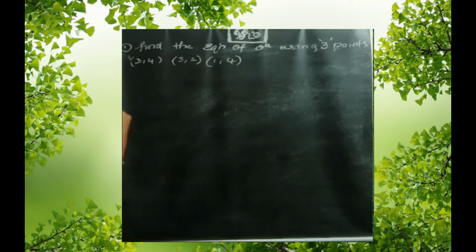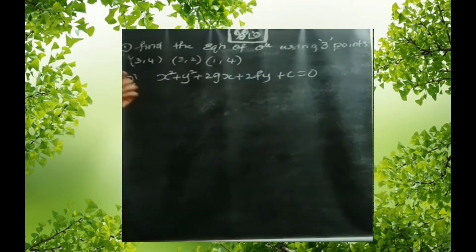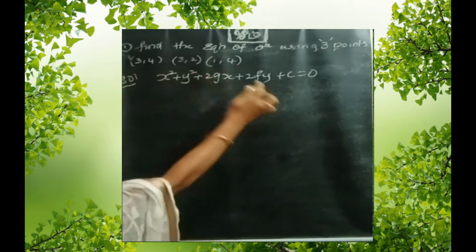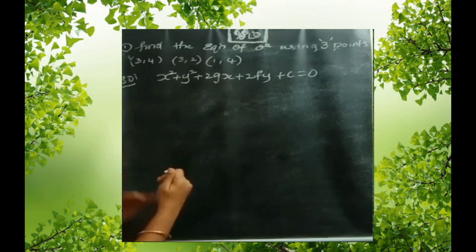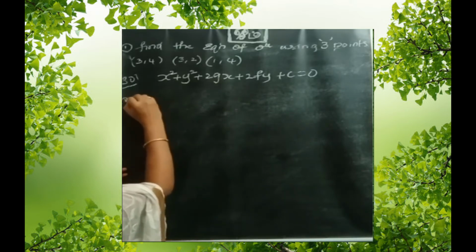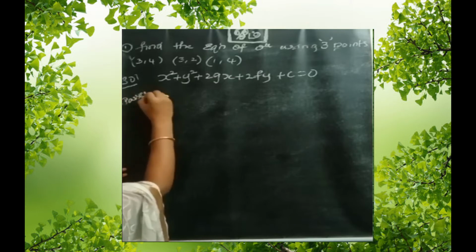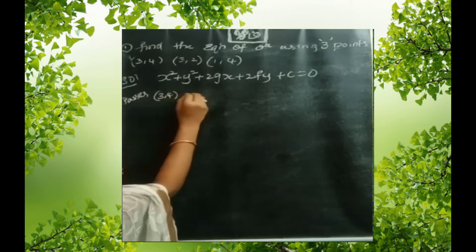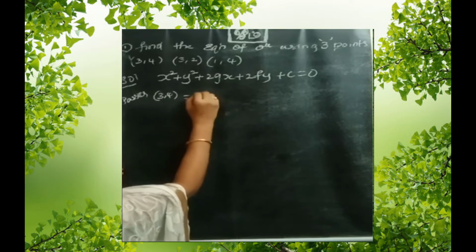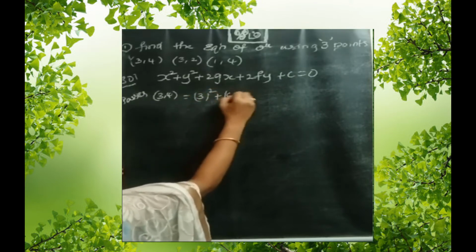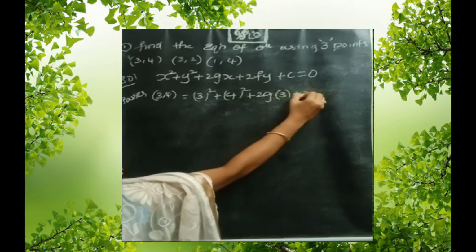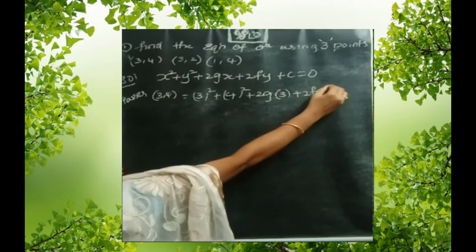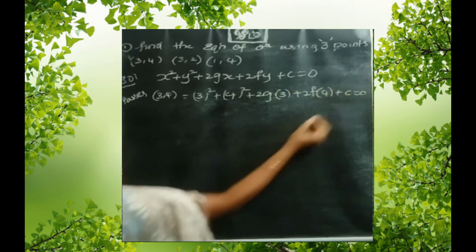First, we substitute these 3 points in the circle equation and find 3 equations. The first point passes through (3, 4): 3 squared plus 4 squared plus 2g into 3 plus 2f into 4 plus c equals 0.